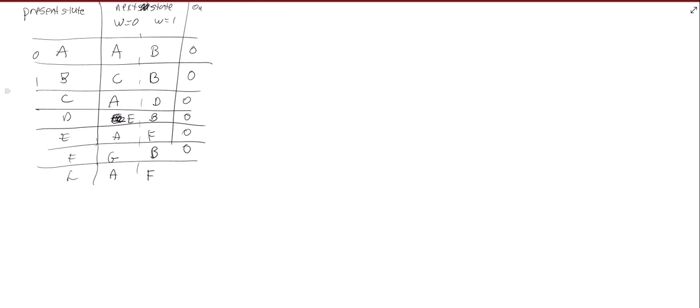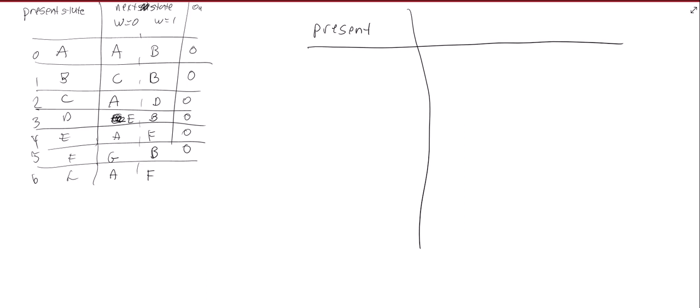So I'll do 0, 1, 2, 3, 4, 5, 6. You have freedom, unless you're told something different, to make them something different.